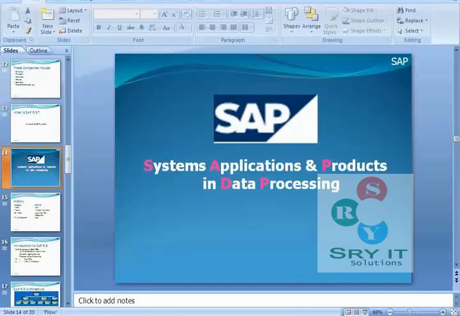And how the select statement retrieves data from the backend, and what kind of database is used.